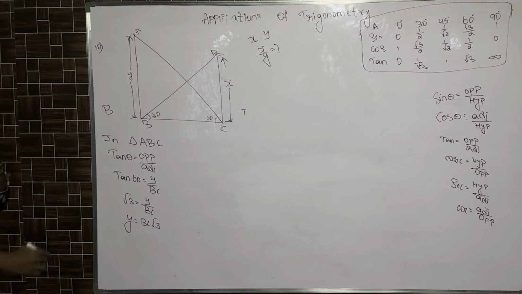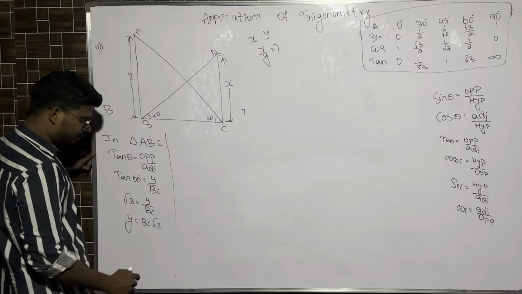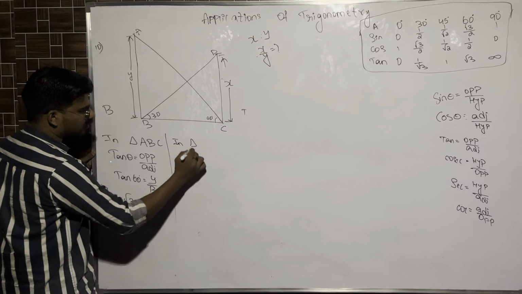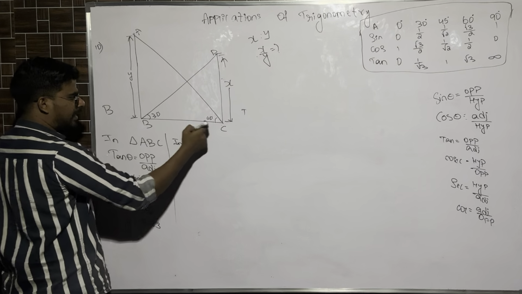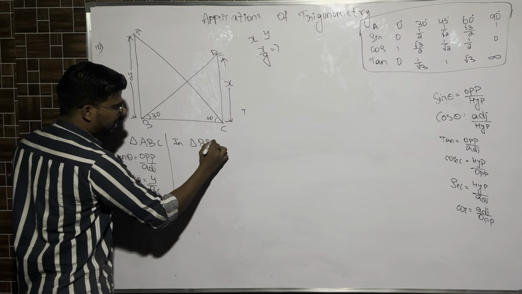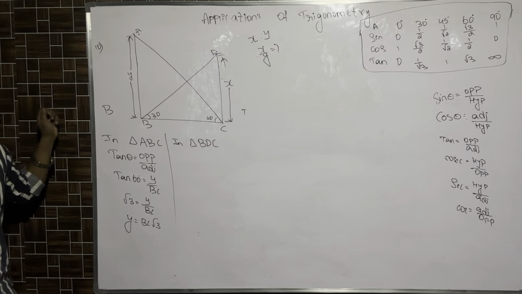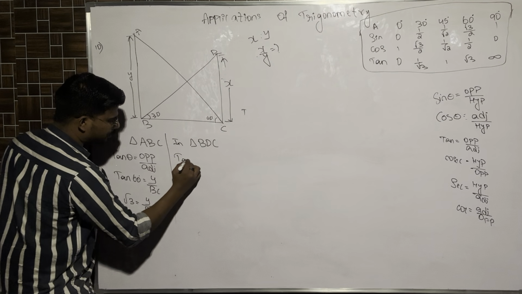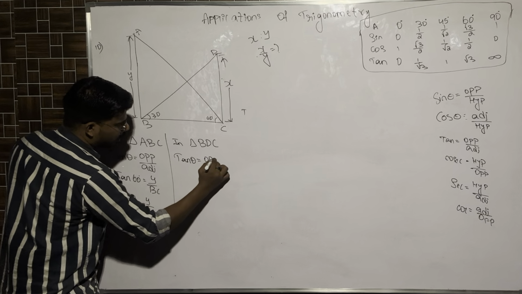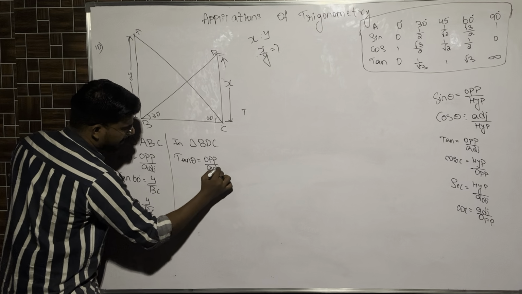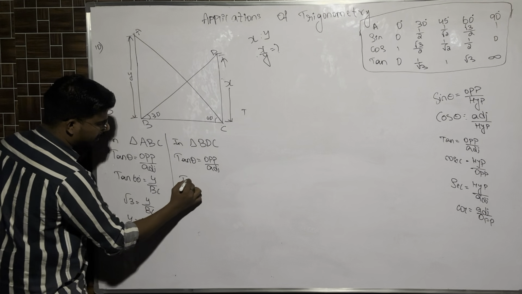Now, let us move on to the next part. In triangle BDC, what is the angle? 30. With respect to this, opposite, adjacent. Tan theta is equal to opposite by adjacent. How much is theta? 30 degrees.